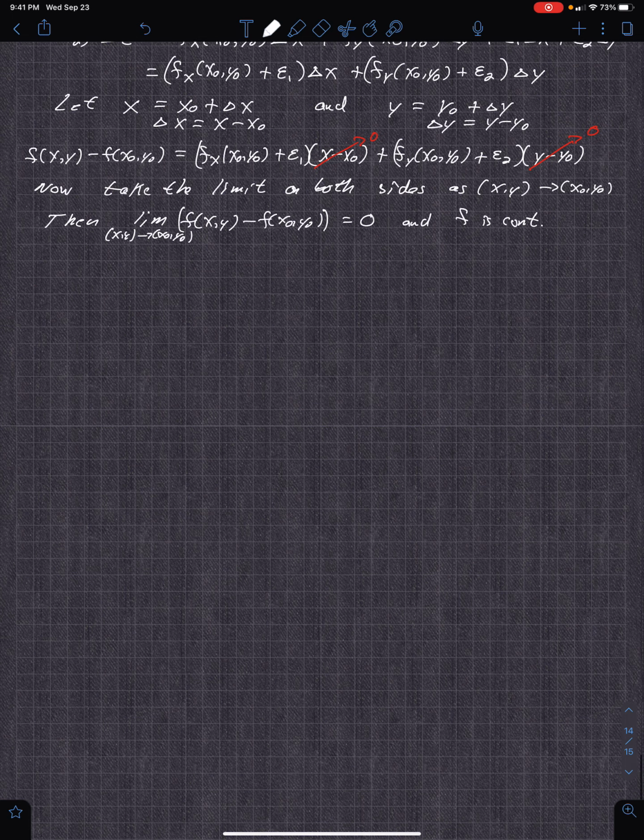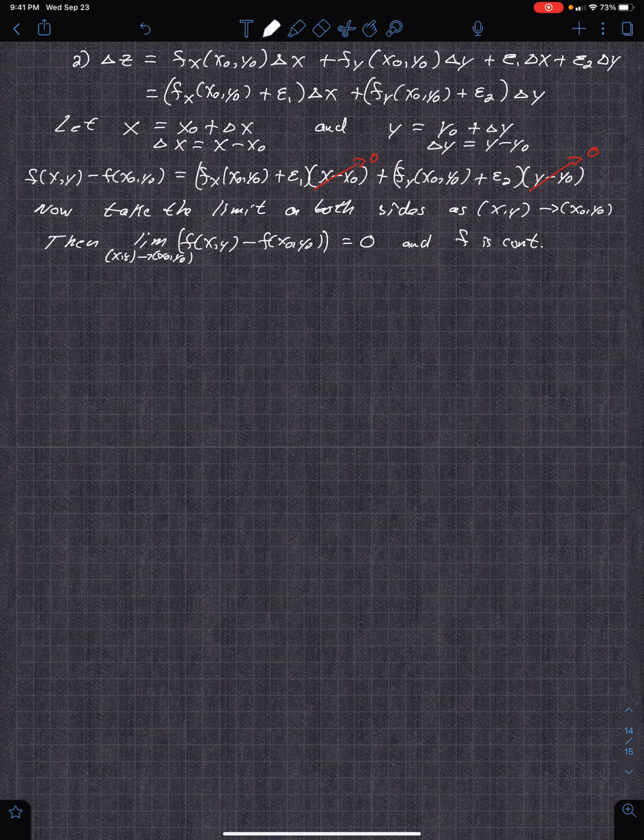Okay, next theorem, so you don't have to show that every time. There's actually a nice simple theorem that shows this, not without proof. This is called sufficient conditions for differentiability. It's pretty easy actually.